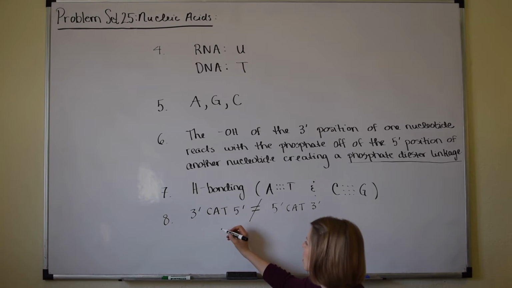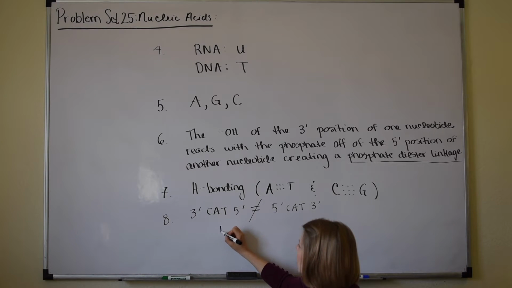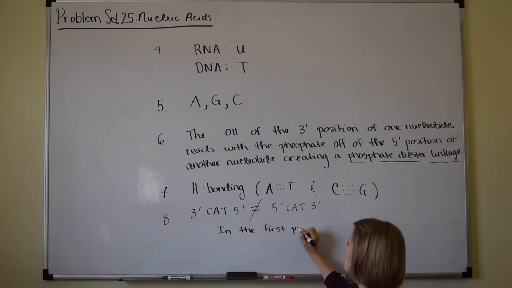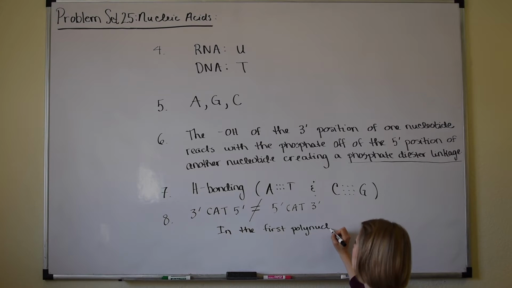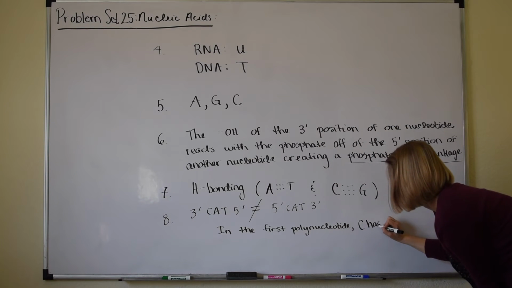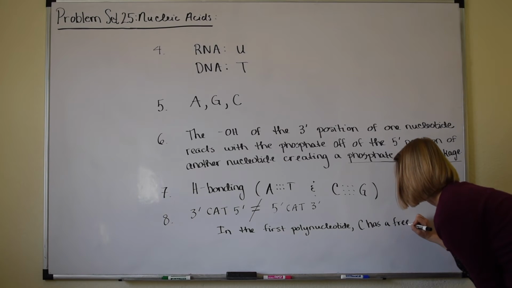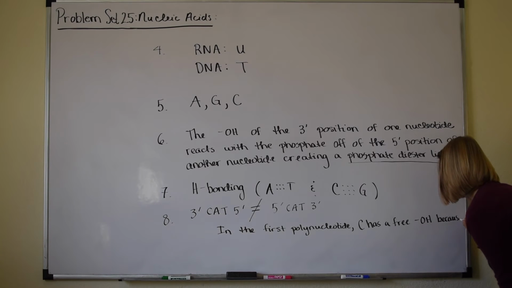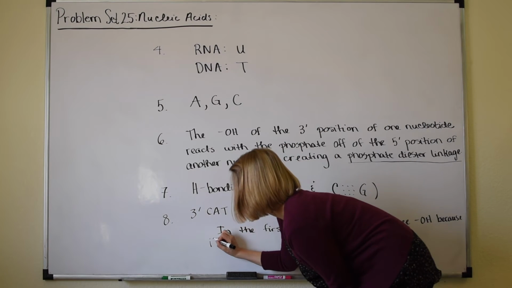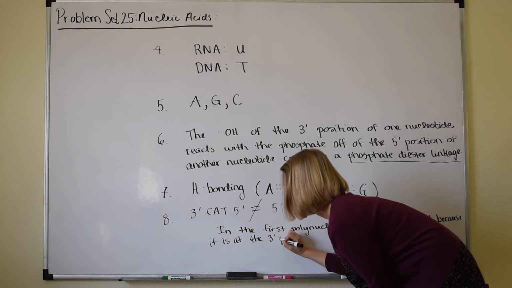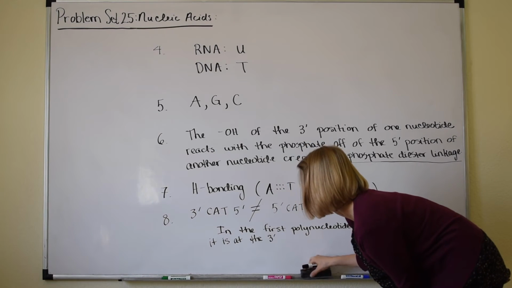So let's write here that in the first polynucleotide, C has a free OH because it is at the 3' end.